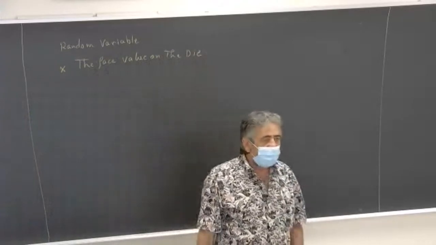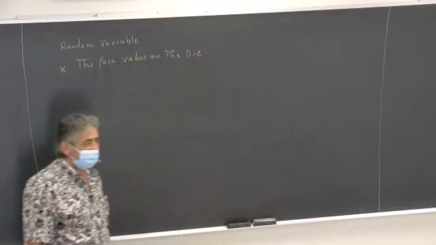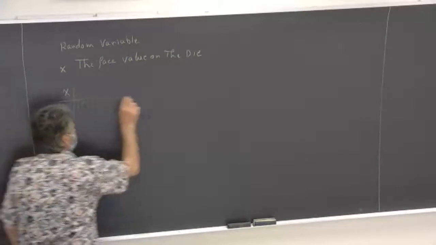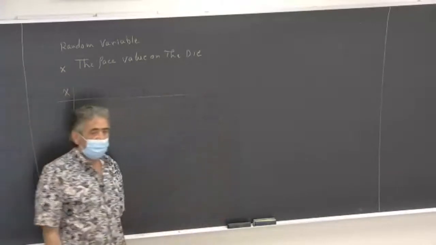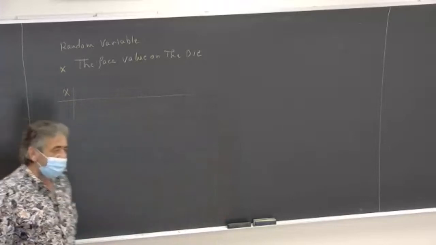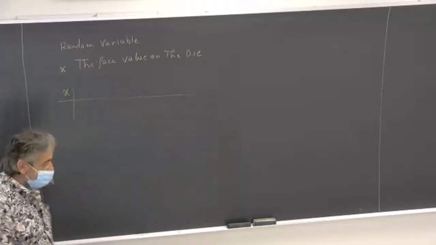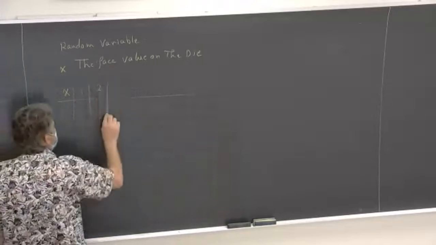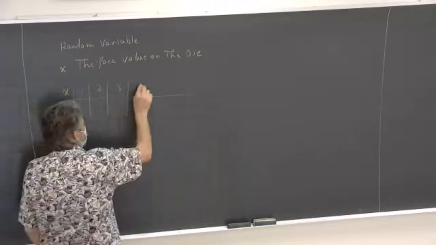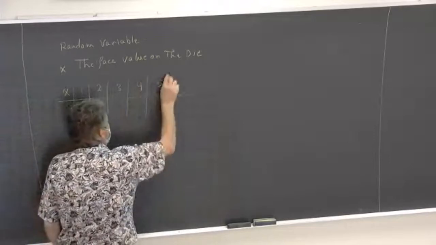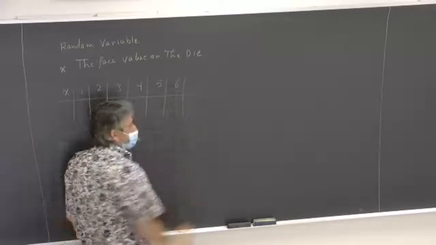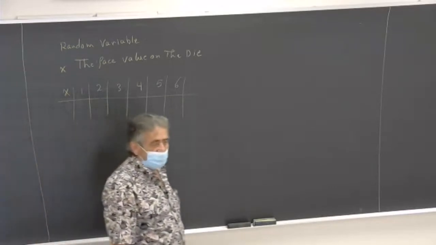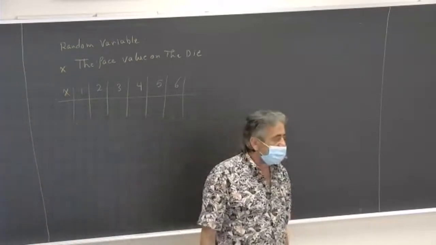Yes? So to do a probability distribution, we're going to consider what x is and what face value we're going to see. So what are the face values to see on a 6-sided die? We could see a 1, but also see a 2, 3, 4, 5, and 6. So those are the values for x we can assign for this particular experiment.